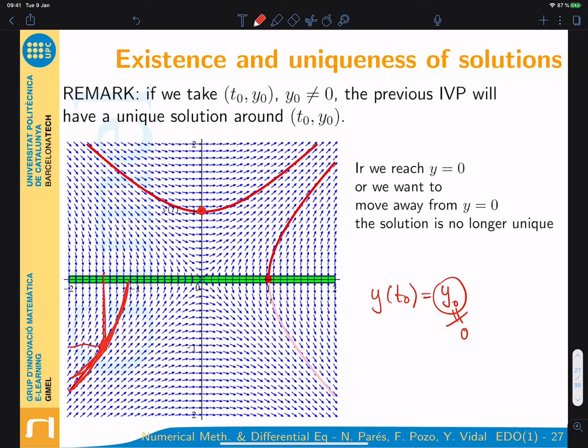Or this point here, which is also given at t equals 0, but the value of y is 1. So this has a unique solution. But if we reach the value y equals 0, or we want to move away from y equals 0 because we use that as the initial condition, then the solution is no longer unique.